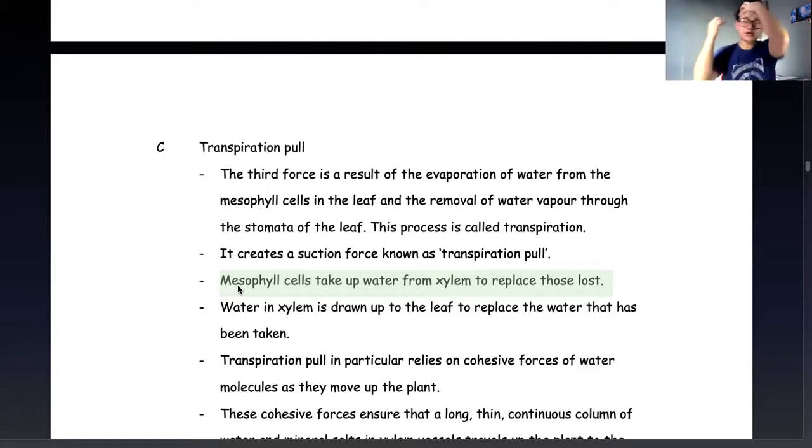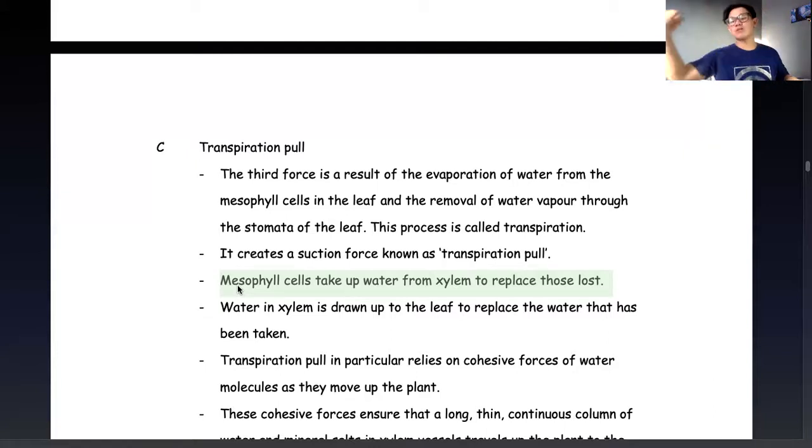Where do they get it from? They will get it from the xylem, which connects everything. The xylem in the leaves gets water from the xylem in the stem, then from the roots, and from the roots they get the water from the soil.